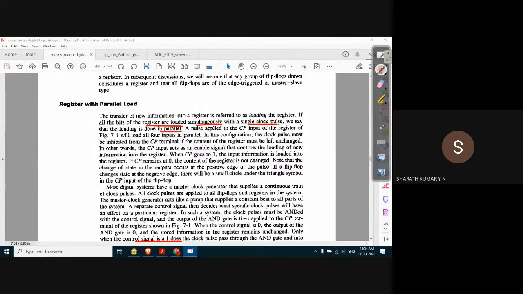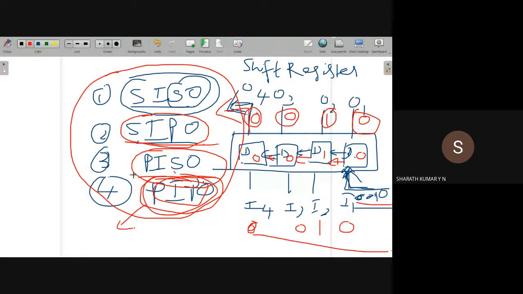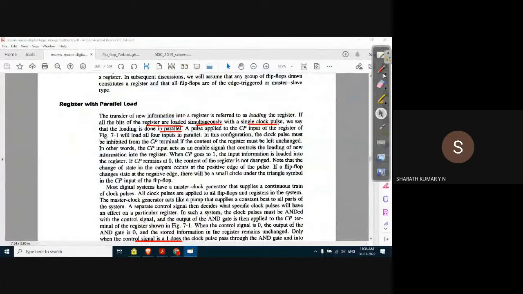We just understood this because we discussed four types of operating shift registers, one of which is parallel input, parallel output. A pulse applied to CP, the clock input of the register, will load all the four inputs parallelly.